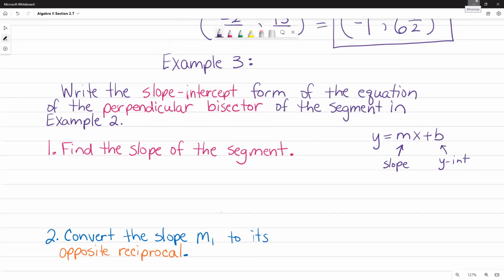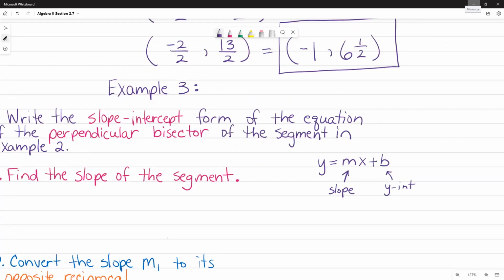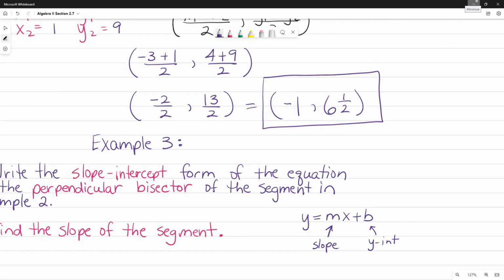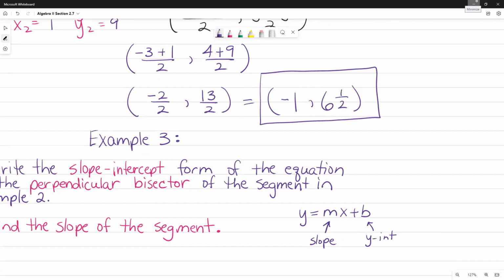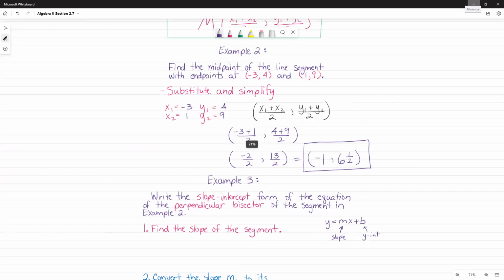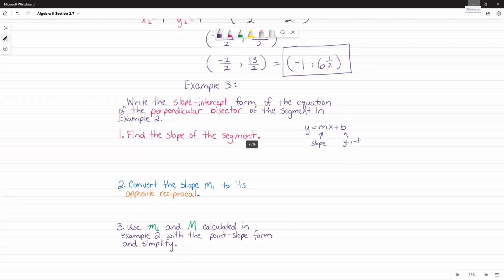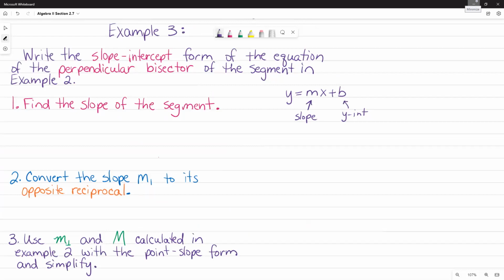Okay, so write the slope intercept form of the equation of the perpendicular bisector of the segment in example 2. Okay, so my 11th graders, we're gonna need your help right now. In your book on page 94, example 3, you have a graph that shows you what we're talking about here.